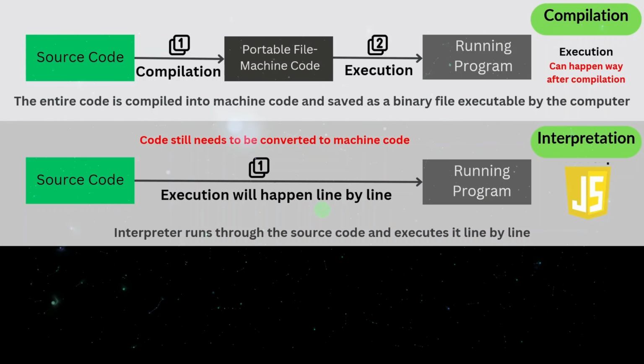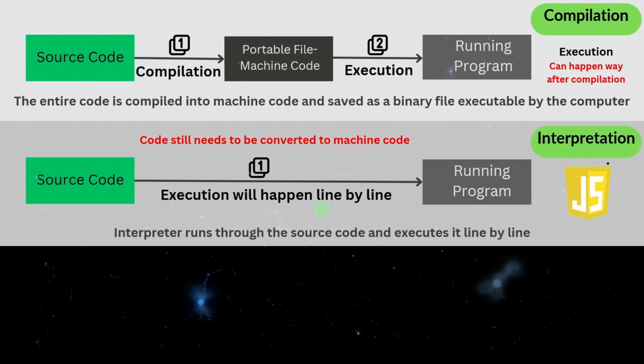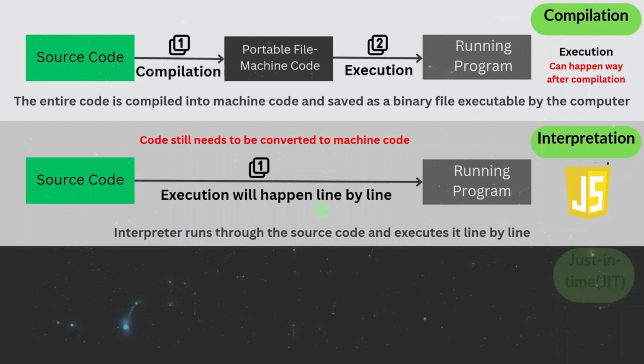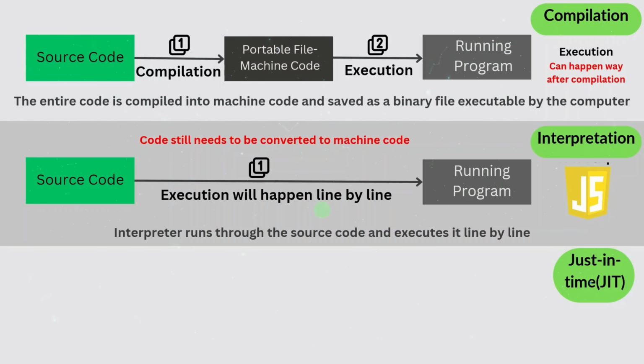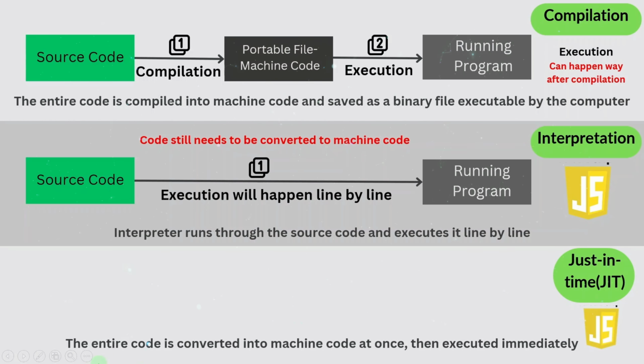Many people still think JavaScript is an interpreted language, but it is not true, because instead of simple interpretation, modern JavaScript engine uses a mix between compilation and interpretation, which is called JIT, which stands for just-in-time compilation. So here the entire code is converted into machine code at once, then it will be executed immediately.